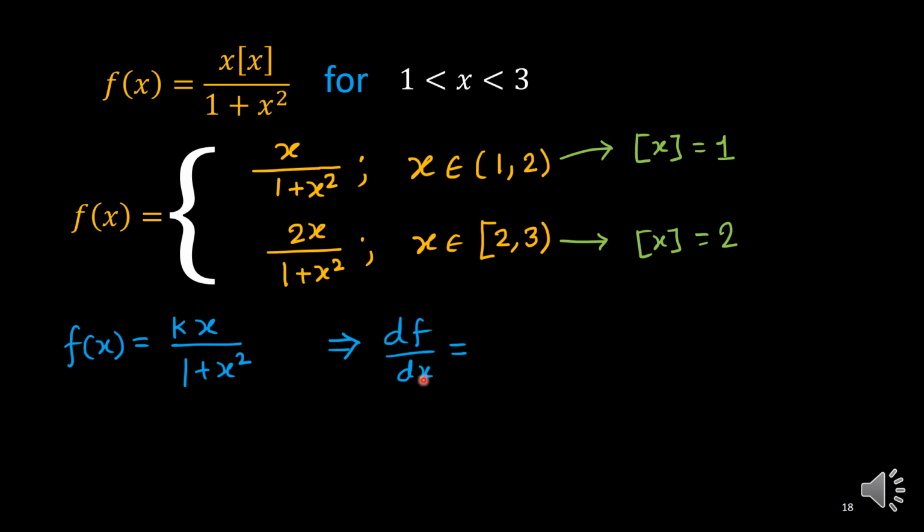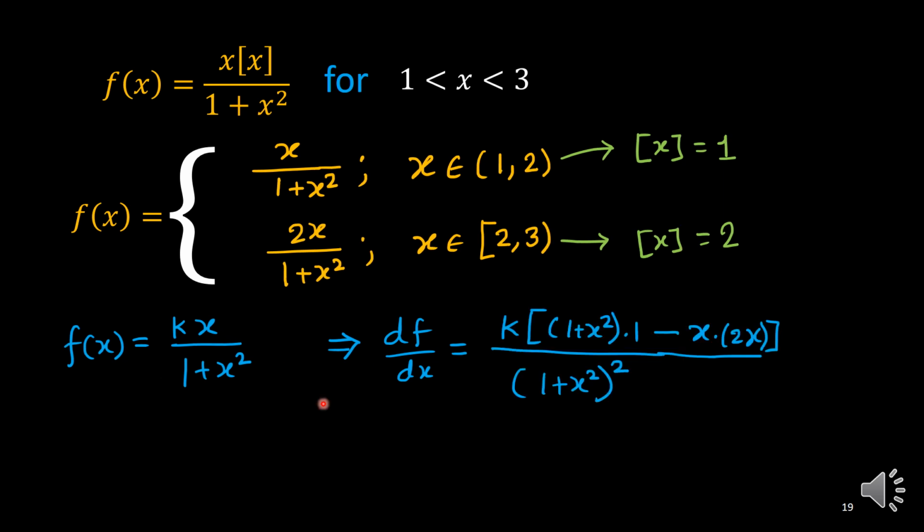So df/dx, the derivative is simply this one. As it is x squared plus 1 in the denominator, here you will get the square of that one, then k times, as k is a constant outside.